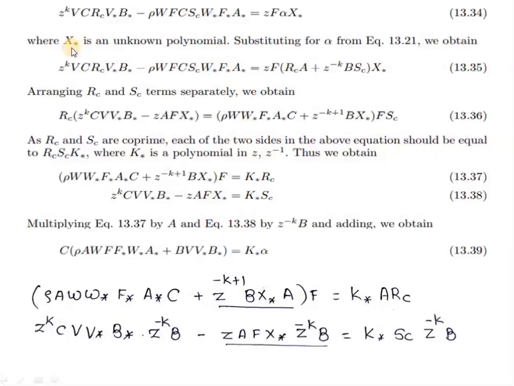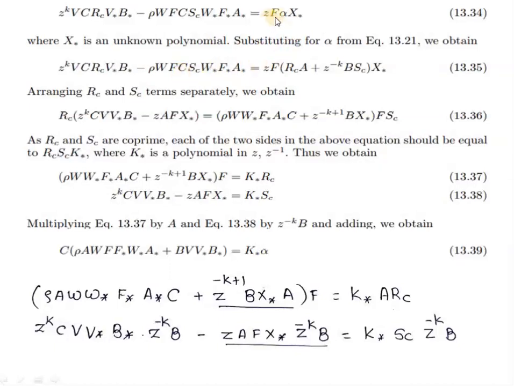Here x star is an unknown polynomial, and from this right hand side we expand this equation further. While expanding, the right hand side term remains as it is.